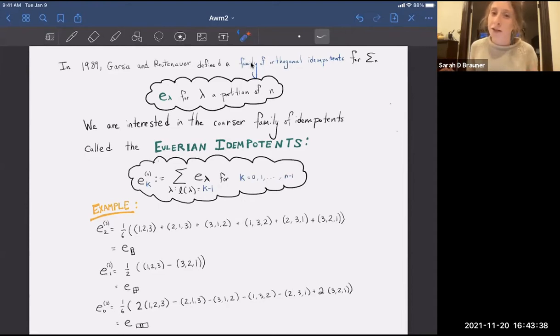I'm going to omit the definition because what I'm interested in is a coarser family of idempotents that I get by summing over some of these Garsia-Reutenauer idempotents. In particular, these are indexed by partitions, so I want to sum over partitions of a fixed length. I'm going to do that for k from 0 to n-1, and this gives me exactly n idempotents. Here's what they look like in the case of S3.